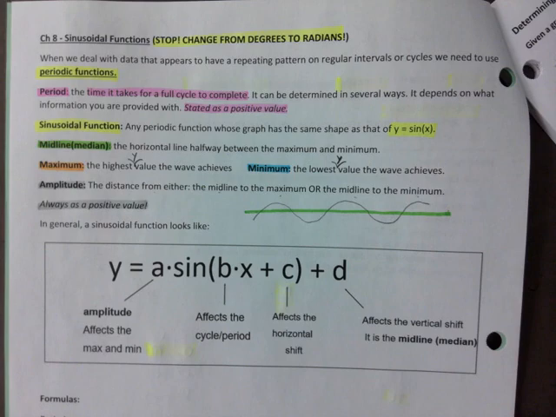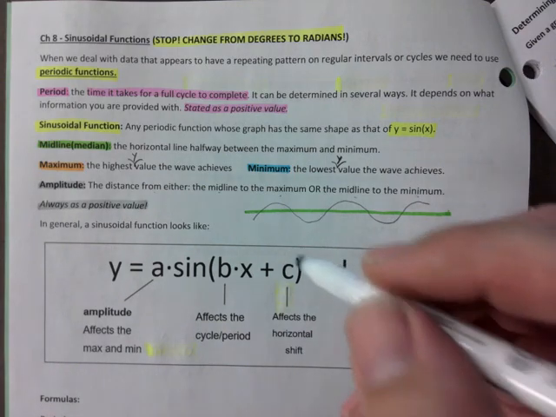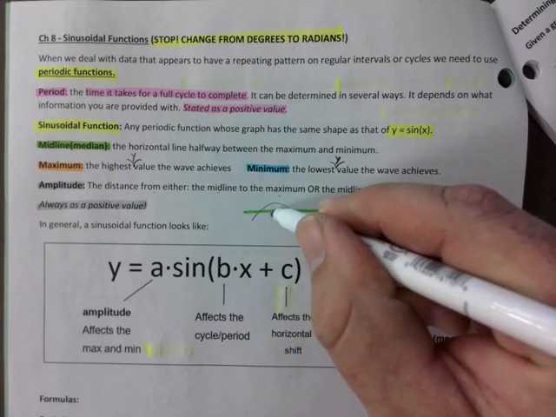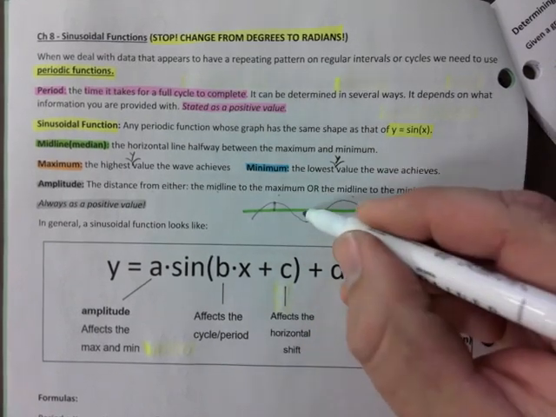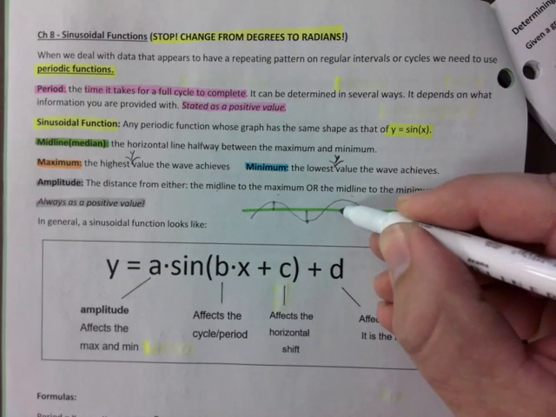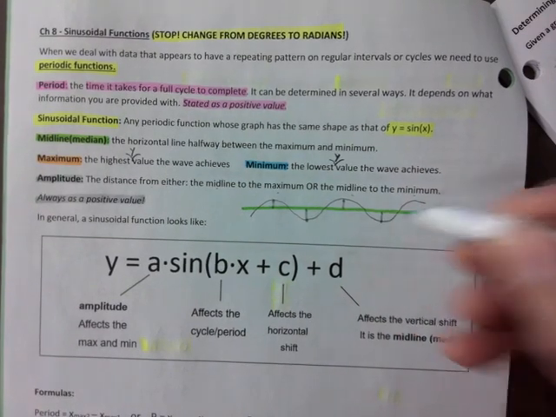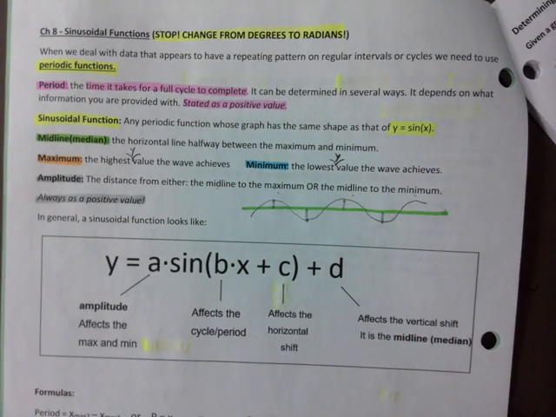The amplitude is measured from the midline up or from the midline down. And it stays the same. It's always the same. It doesn't matter which one you would pick. The distance is the same. Okay, that's the beauty of this.